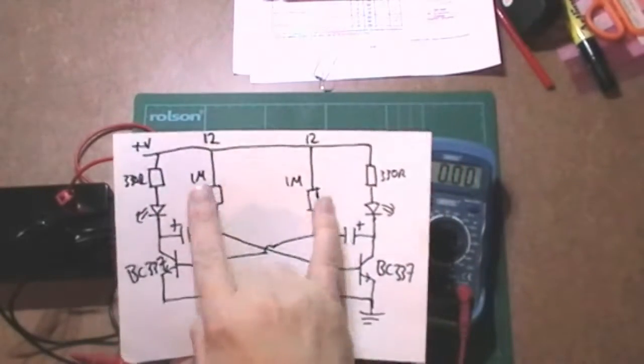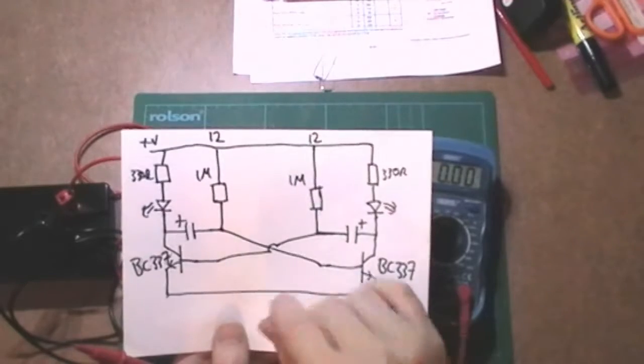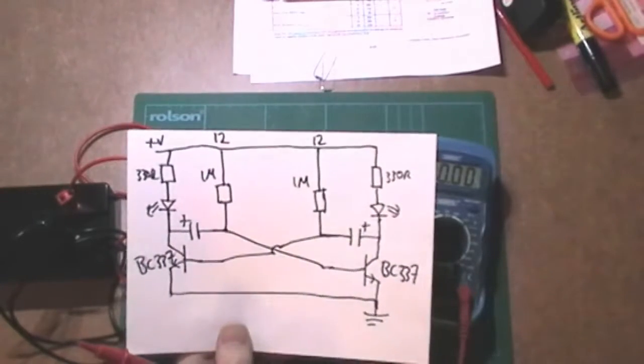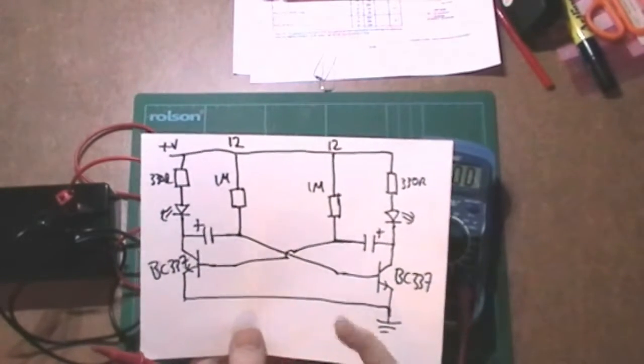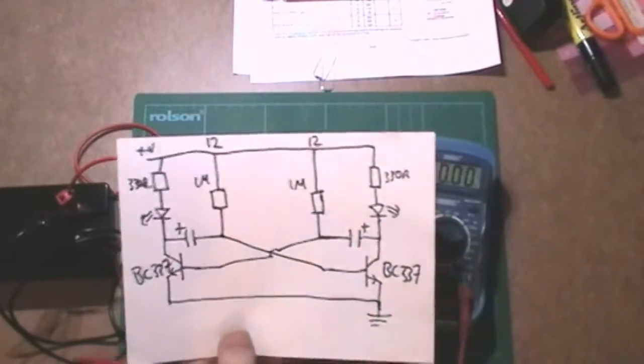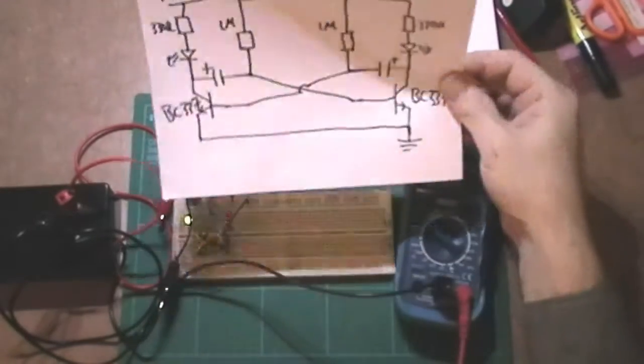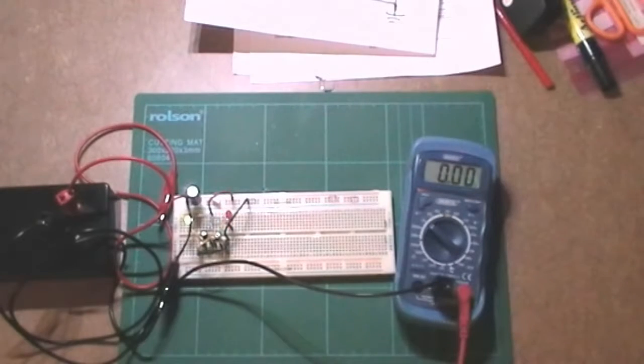I could even put some pots in there so I can change the timing, so one will be on quickly and the other one will be on for a long time or whatever. But yeah, it's a simple circuit, but seems to take a bit of understanding.